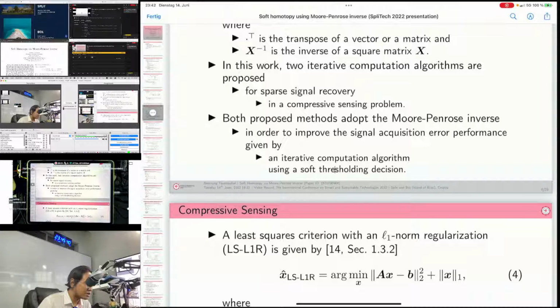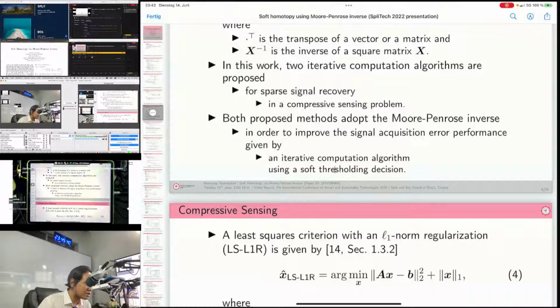Previous work includes LS L1R, which is the least squares criterion with L1 norm regularization. Another related method is L1 IRS, which is also a regularized criterion based on the L1 norm. But in this work we consider the soft thresholding decision.